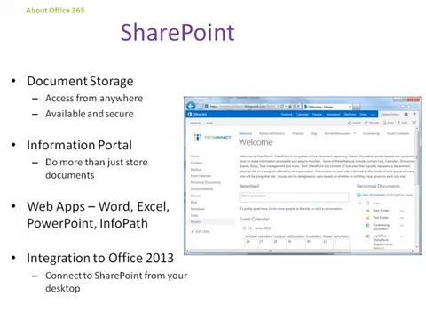So Microsoft Office 365 comes with Exchange-based email, which is a really nice thing, 50 gigabyte mailbox. It also comes with SharePoint Online. SharePoint Online allows you to set up an intranet website for you and your coworkers to collaborate on all kinds of documents and all kinds of data and information.